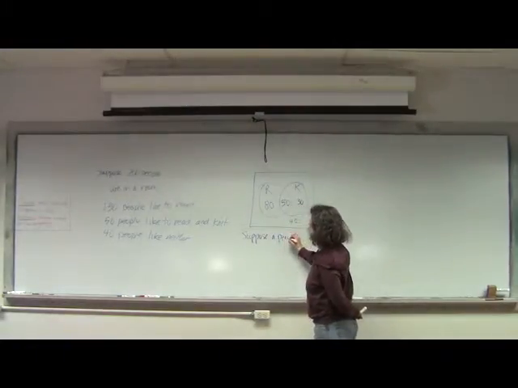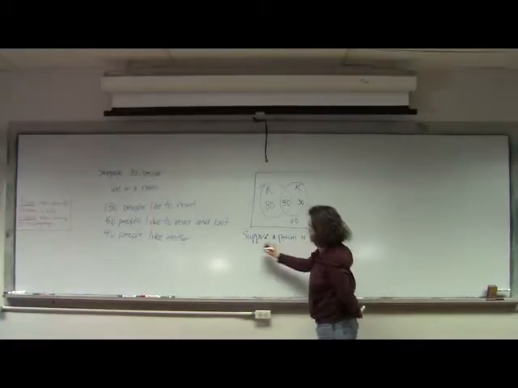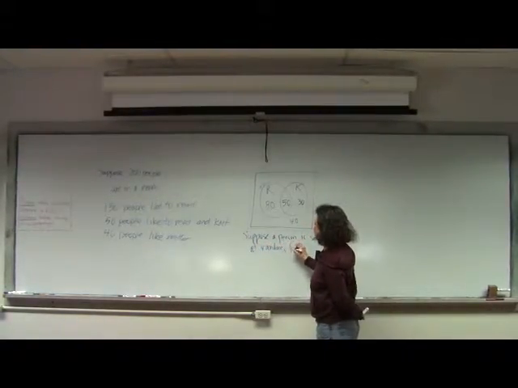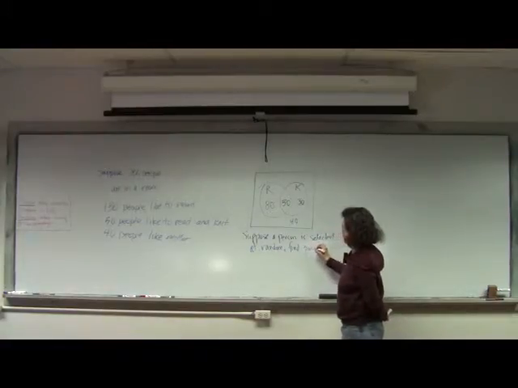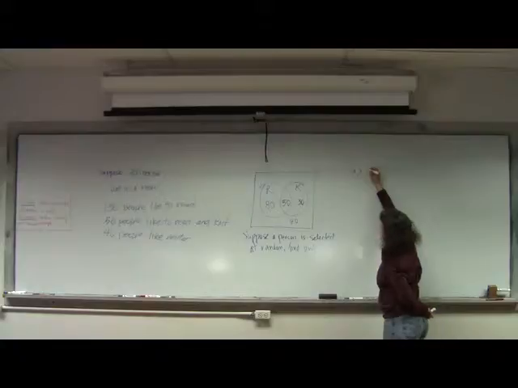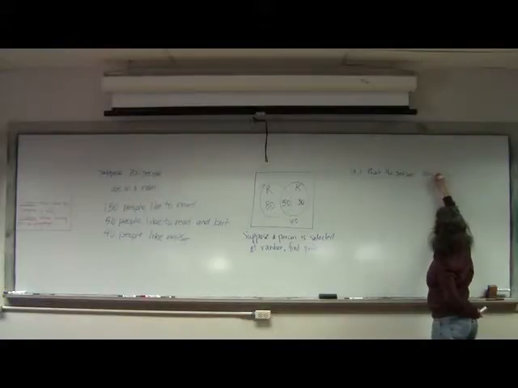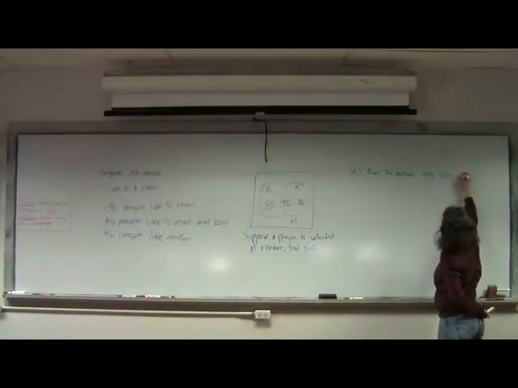Okay? So, now that we have this set up, let's suppose a person is selected at random and we want to find the probability that the person only likes to knit.